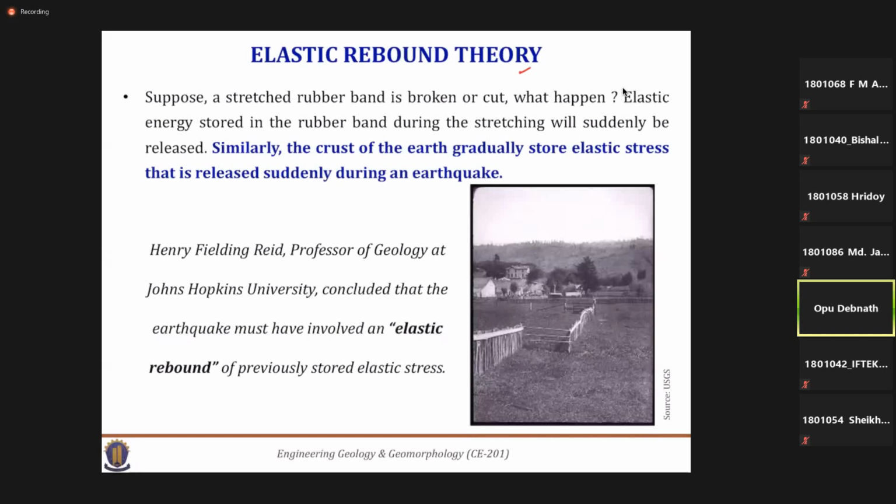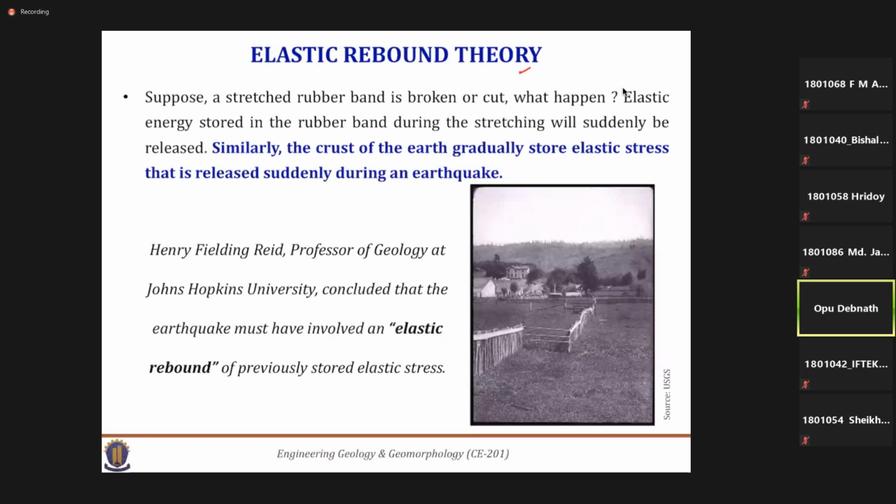So when you cut this elastic rubber, what will happen? The stored elastic energy in the rubber band will suddenly be released. Suppose you are stressing a rubber or any elastic material, and then you cut it. This energy will release suddenly, and will give you a thrust.